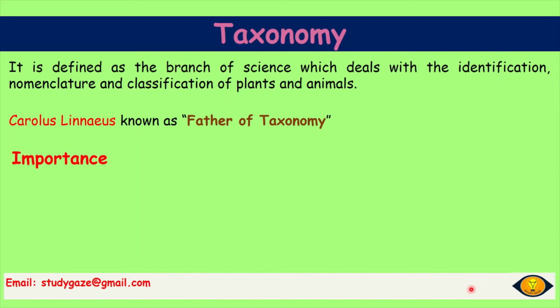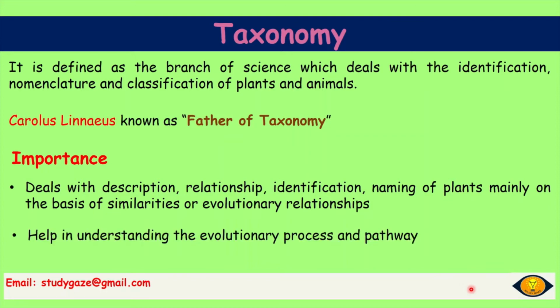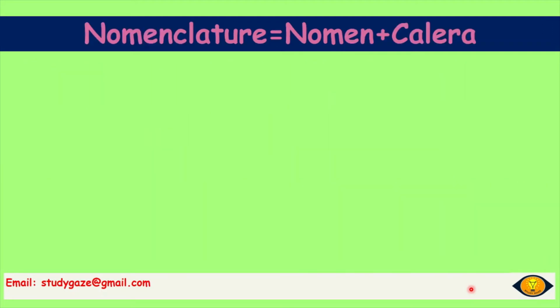Importance of taxonomy includes it deals with description, relationship, identification, naming of plants, mainly on the basis of similarities or evolutionary relationships. It also helps in understanding the evolutionary process and pathway.